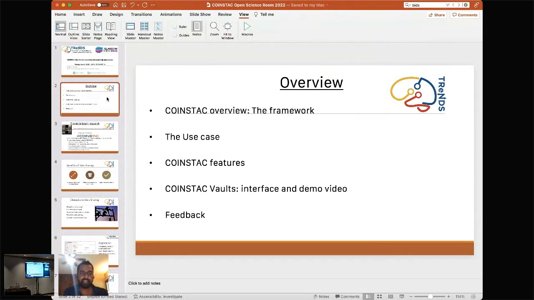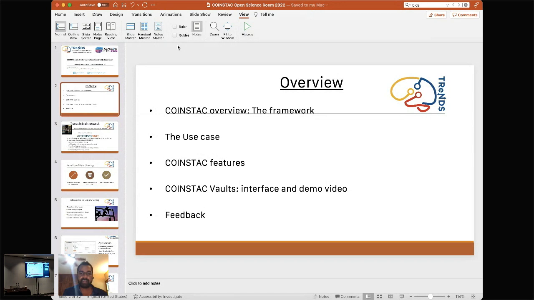Okay, great. Here's the overview. I will briefly describe COINSTAC, what it does, and the framework. I will present a use case, which I think will be an important scenario for this conference, and see how it fits into that use case.